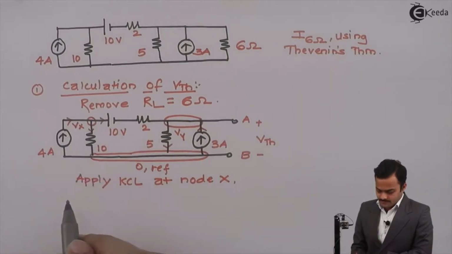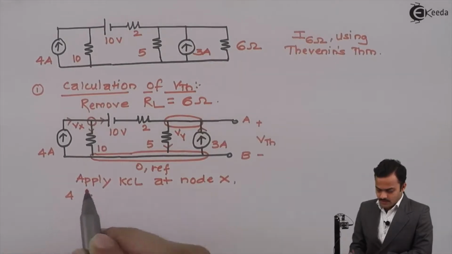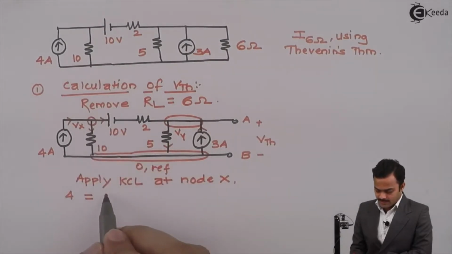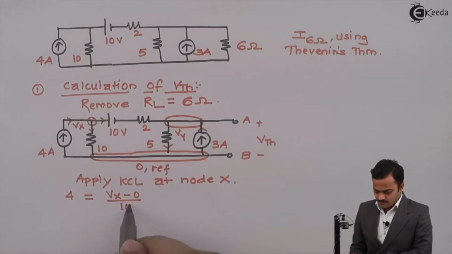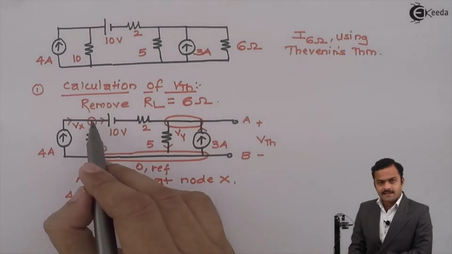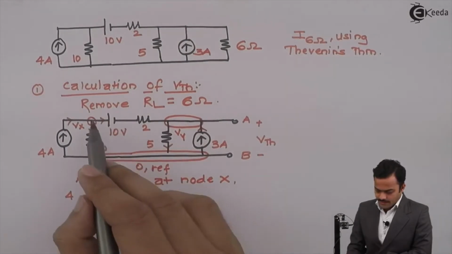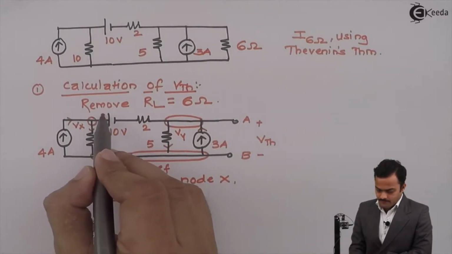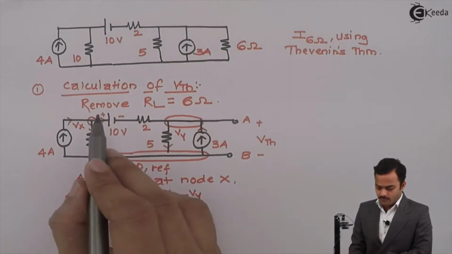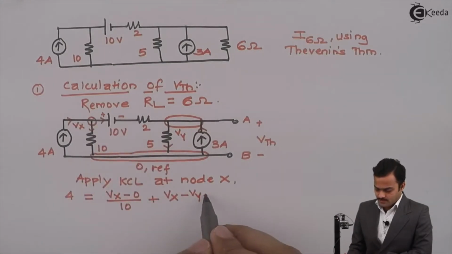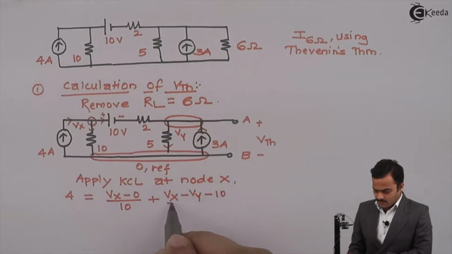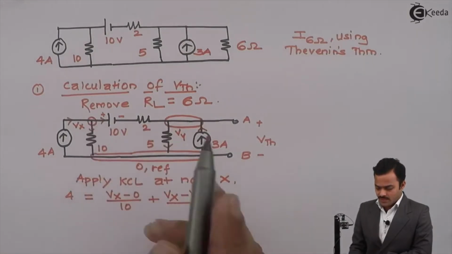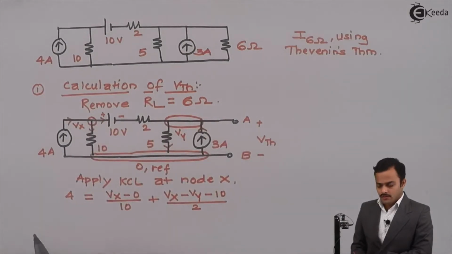at node X. One incoming current, and that is 4 ampere. The remaining two are outgoing currents. The first starts at X and ends on reference, resistance is 10. The second current starts at X and ends on Y. In the current direction, I have a battery changing its polarity from plus to minus, so minus 10 divided by the resistance of this branch, which is 2. Let's rearrange the terms.